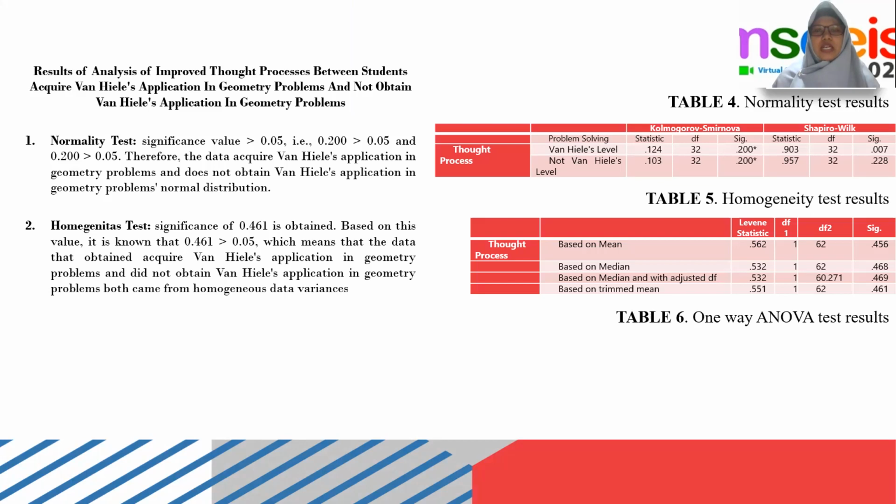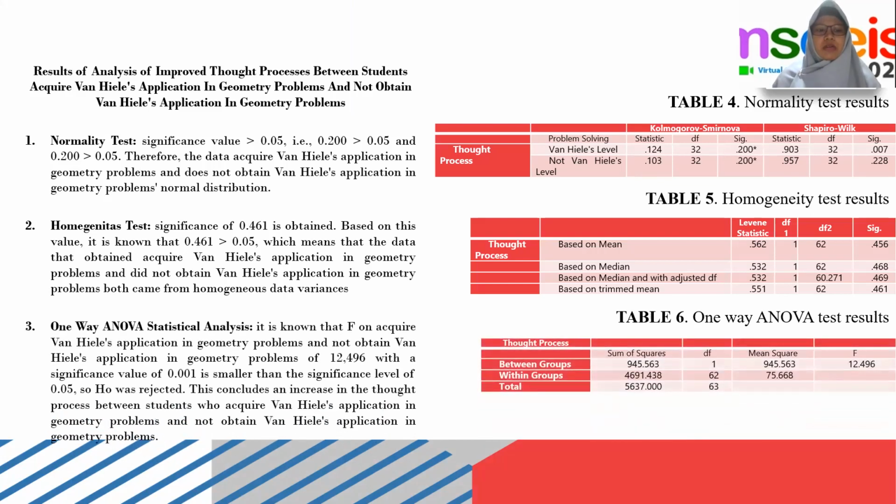Table 6, one-way ANOVA result. In the one-way ANOVA statistical analysis, F for those who acquired Van Hiele application in geometry problems and those who did not is 20.496, with a significant value of 0.001, which is smaller than the significance level of 0.05.